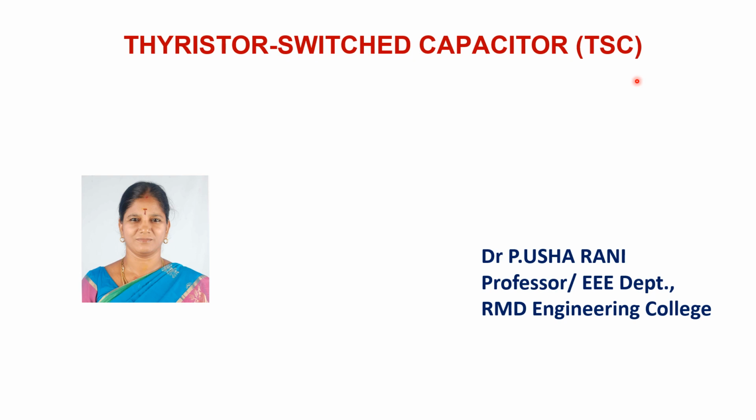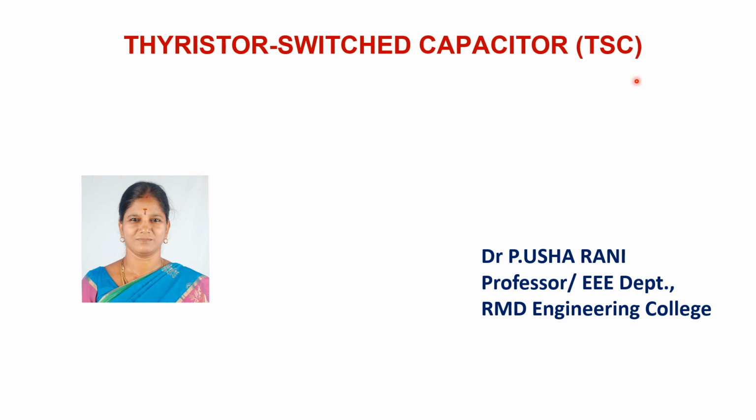The main one is the static VAR compensator, that is SVC, which is used for supplying or generating leading and lagging VARs. The static VAR compensator exchanges capacitive and inductive currents with the power system.